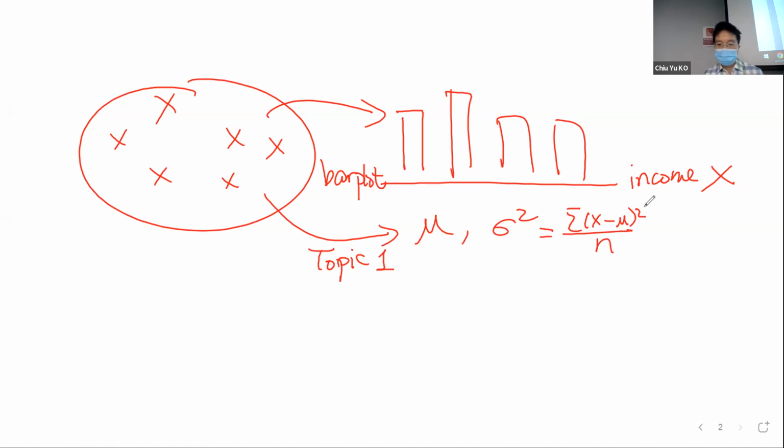So now the question: this is a distribution there, right? Now I just randomly pick one guy, and it can be any value. With a simple random sample, this random draw has a distribution, because it depends on what you draw.